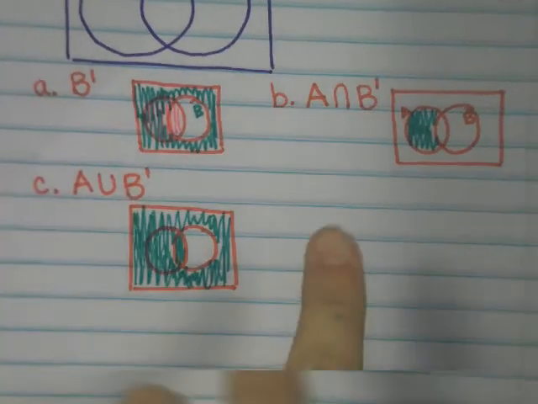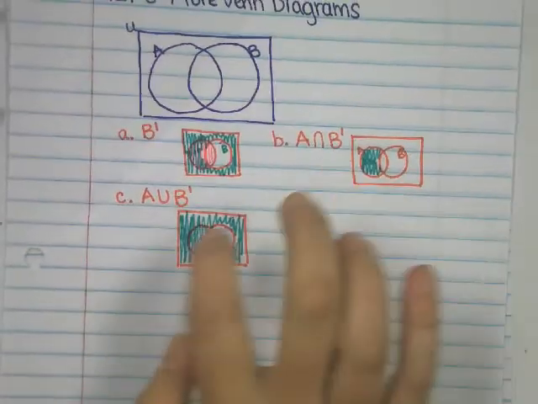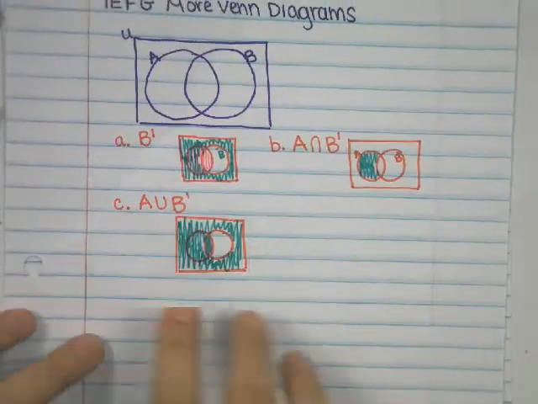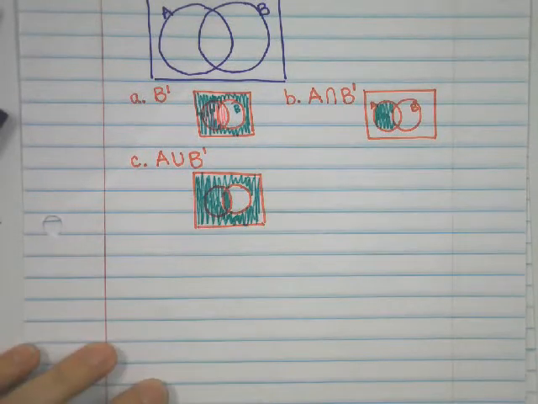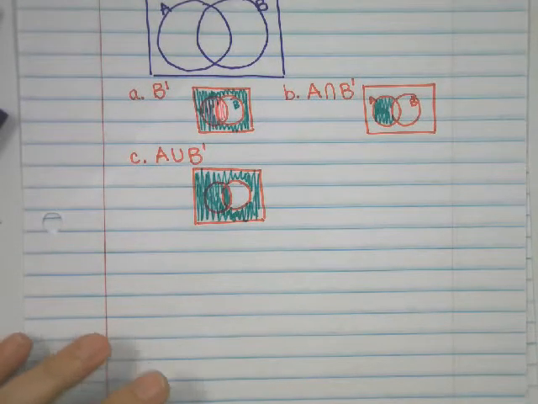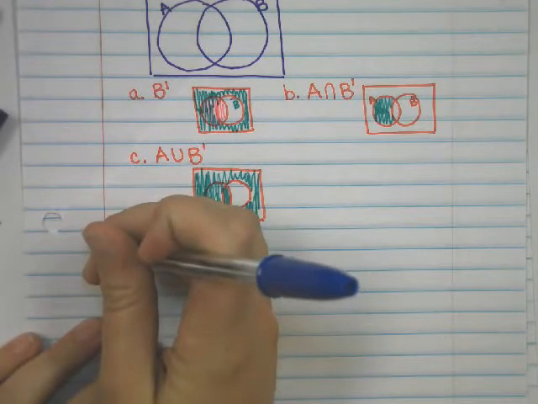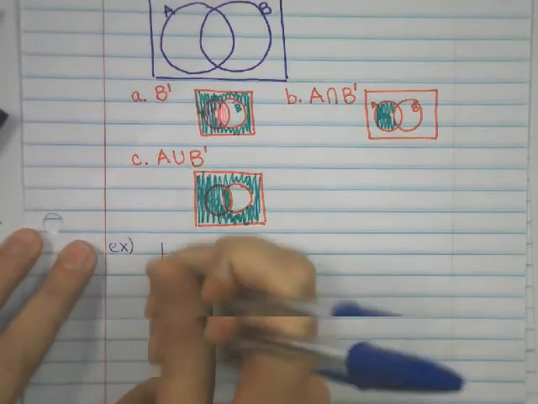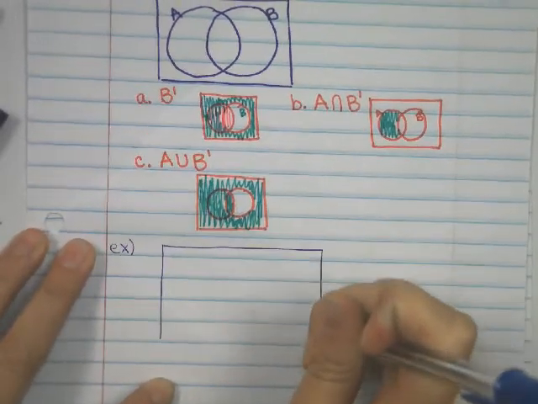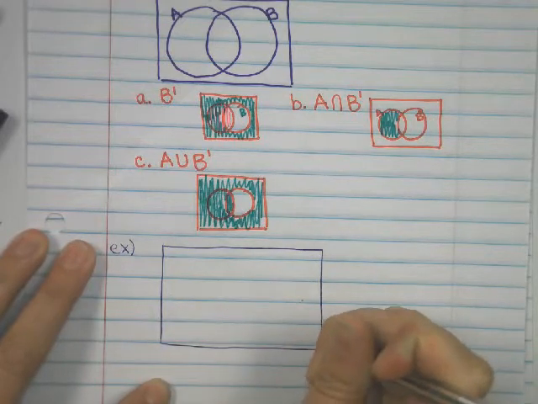So we need to have a solid understanding of our different notations, union, intersection, and complement, and know how to pick those out on a Venn diagram. A lot of times when we're dealing with Venn diagrams, we don't have the entire set listed out. Instead, we just know the number of elements in each section. So if I give you an example, here's a Venn diagram.